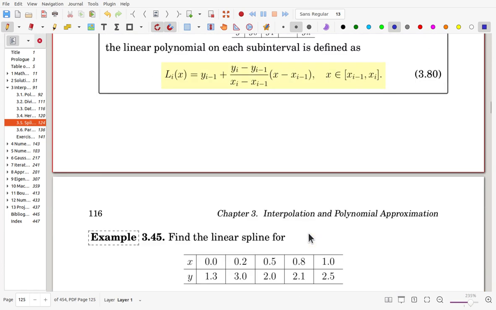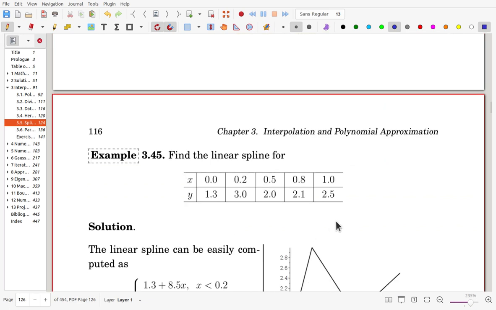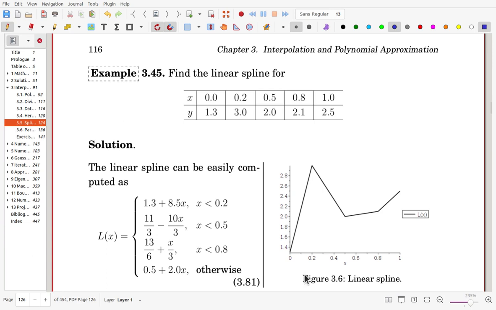Here we see an example for this data, where x values are 0, 0.2, 0.5, 0.8, and 1, and these are the y values.